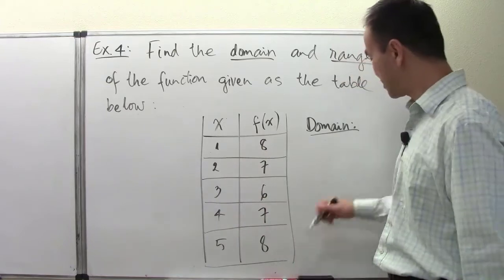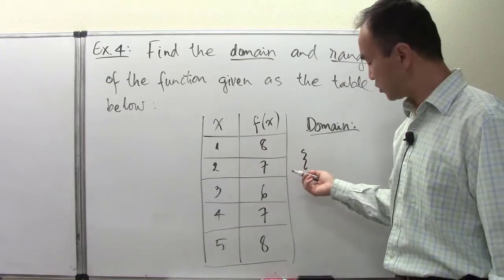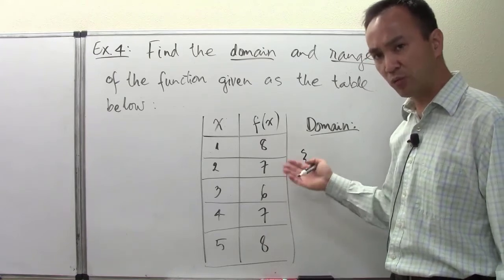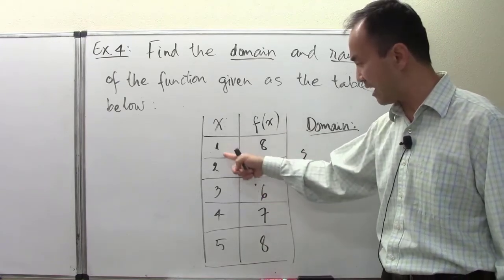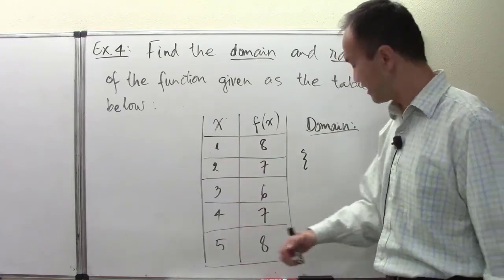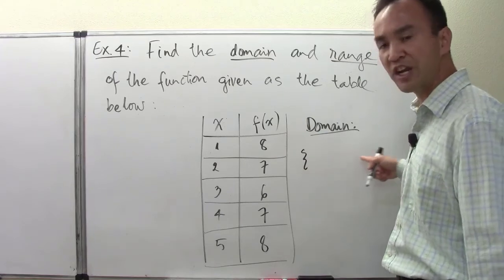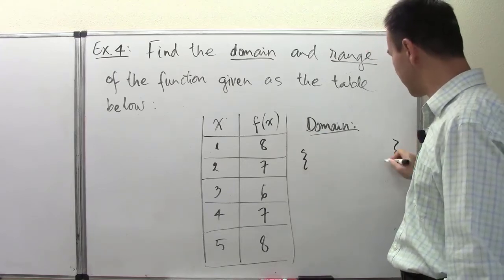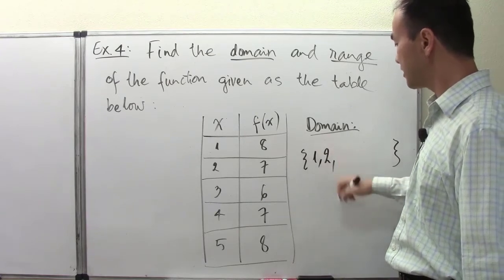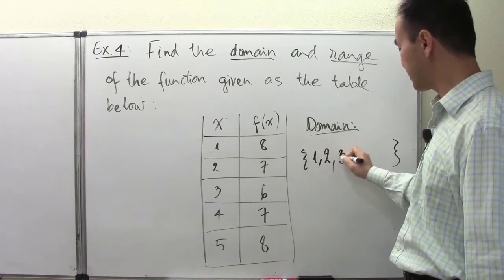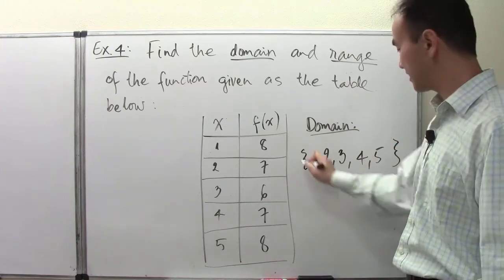My intention is to introduce the idea that sometimes we can't use interval notation because our set is discrete like this, so we have to stick with standard set notation. So two curly braces, listing the members of the set between them, and that's my domain.